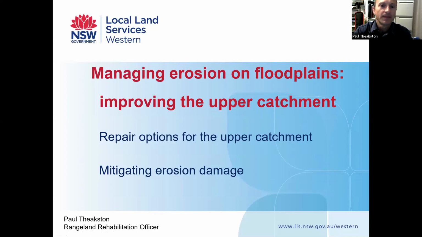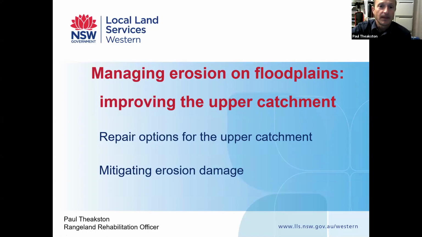I'll be looking at the repair options for the upper catchment, and also at ways to mitigate erosion damage, or that prevention thing. So some of the things that we can do to just stop it from happening in the first place.